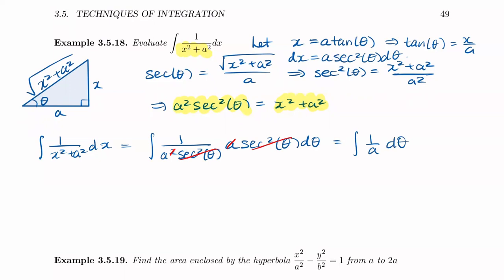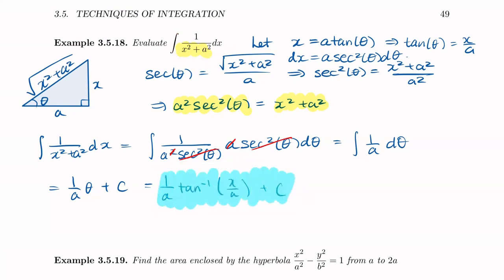This is just going to be 1 divided by a times theta plus c. And theta is going to be the tan inverse of x divided by a, plus c. This is an important integral that we should keep in mind, a very important integral that we will be using later on.